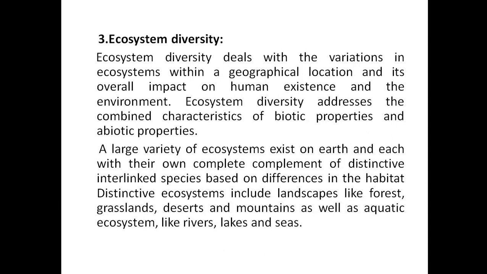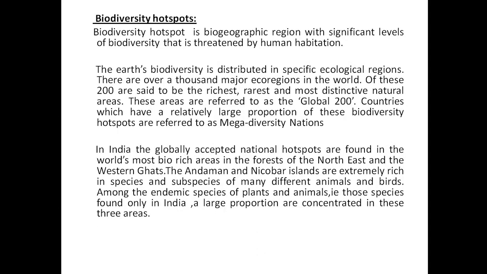So, ecosystem diversity means the various types of ecosystems that we have in the world, and we have already discussed this before, so I will not be discussing this again. Next is biodiversity hotspots. Biodiversity hotspot is a biogeographic region with significant levels of biodiversity that is threatened by human habitation.